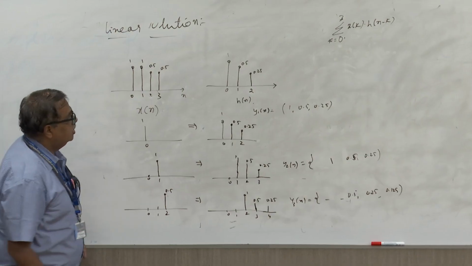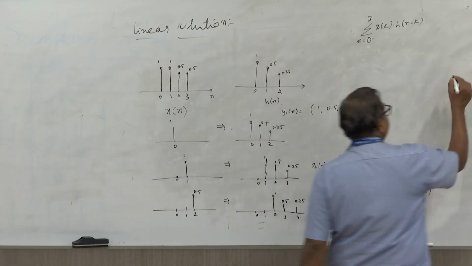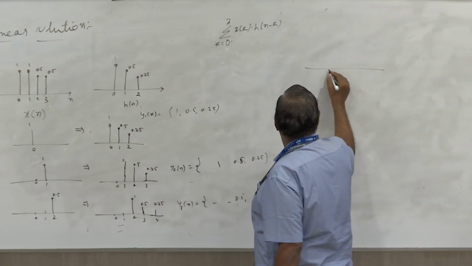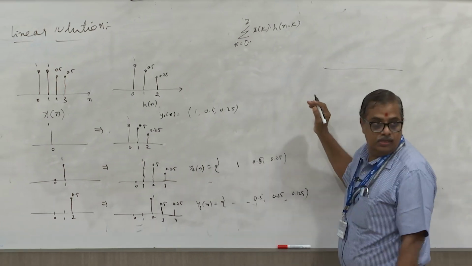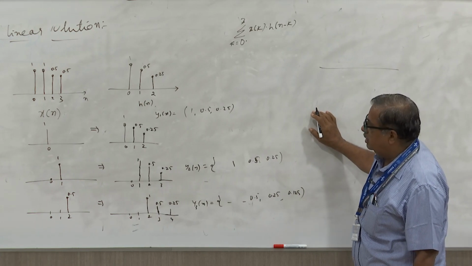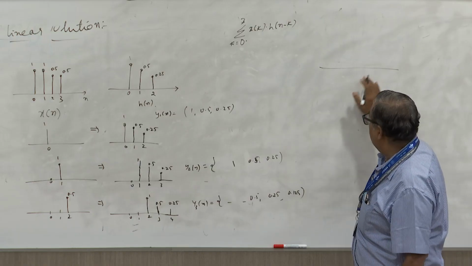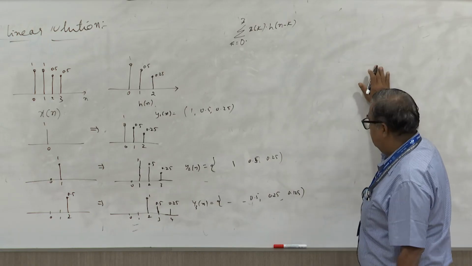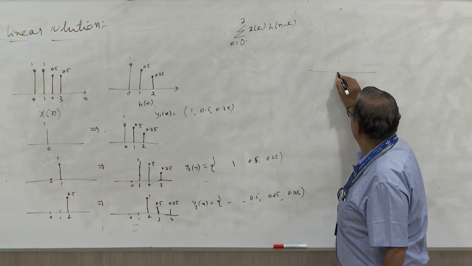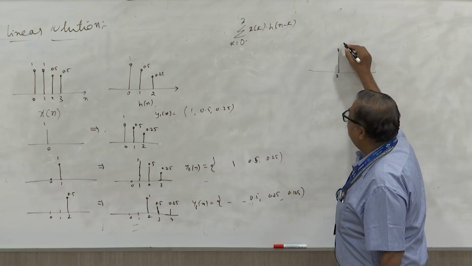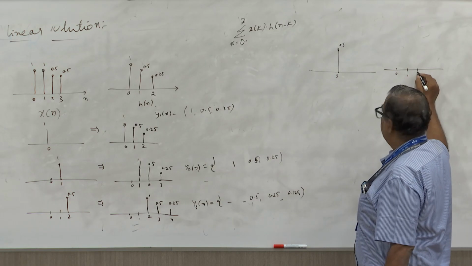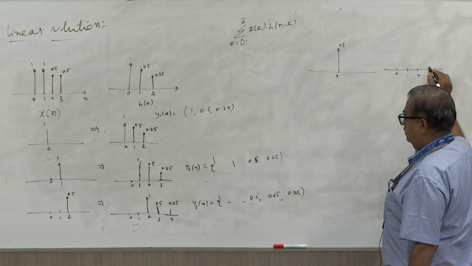And the last one, so we have 3. I think I can shift that. So let me write: this is 3, this is 0, 1, 2, 3.